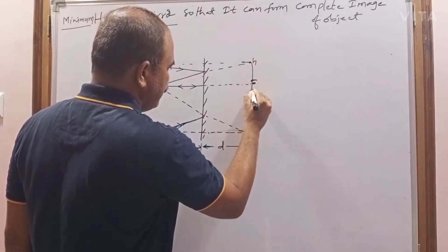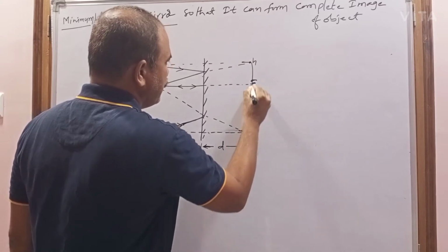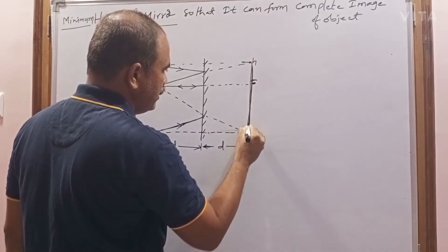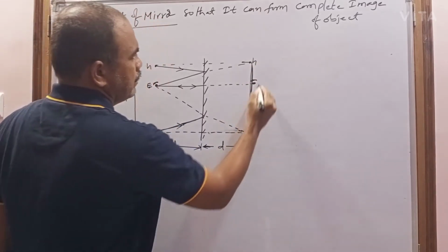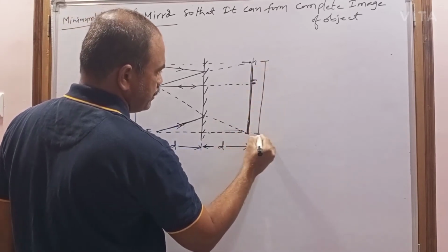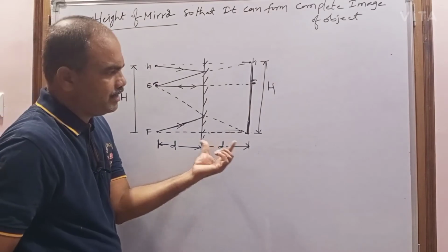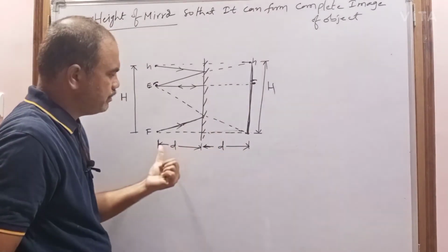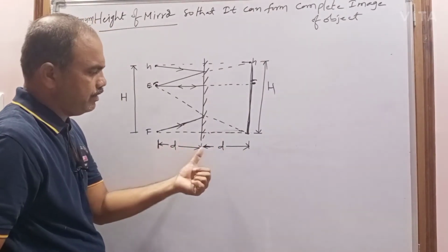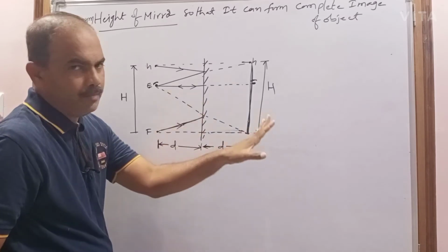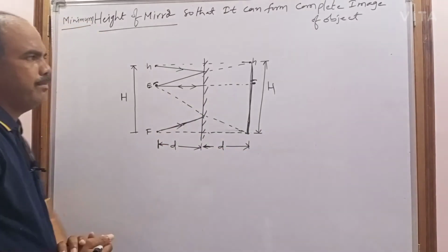How much height will it be? This is the image of the person. Let us consider this is the image of this person. This is also H in height, and at what distance is it found behind the mirror? The same distance. What is the distance of the person in front of the mirror? So behind the mirror the image is also found at the same distance.